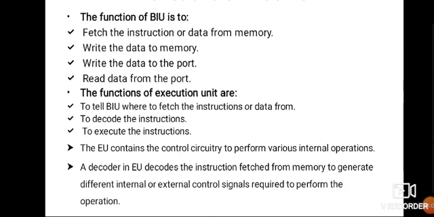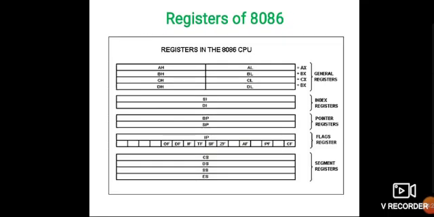The execution unit contains the control circuitry to perform various internal operations. A decoder in the execution unit decodes the instruction fetched from the memory to generate different internal and external control signals which are required to perform the operation.